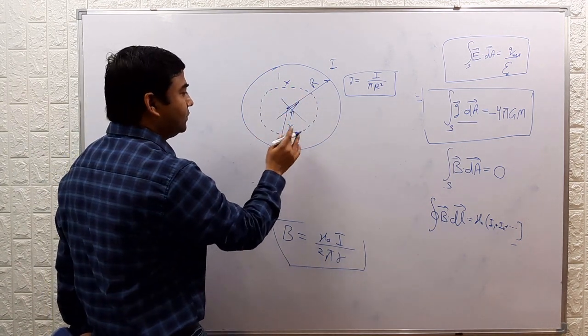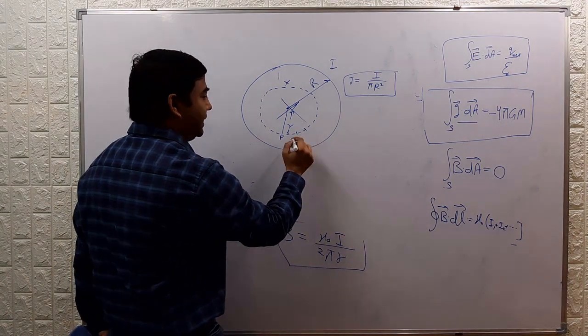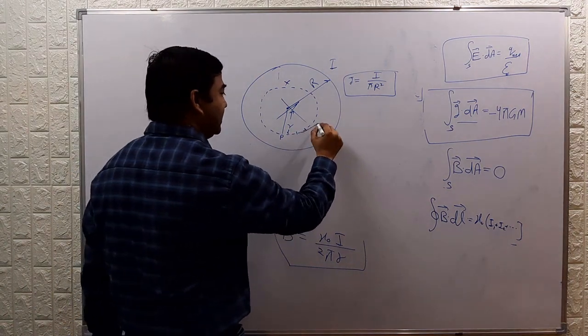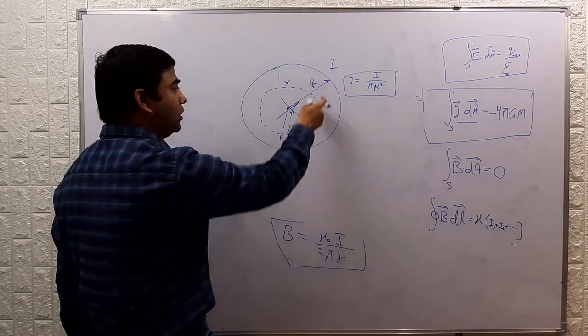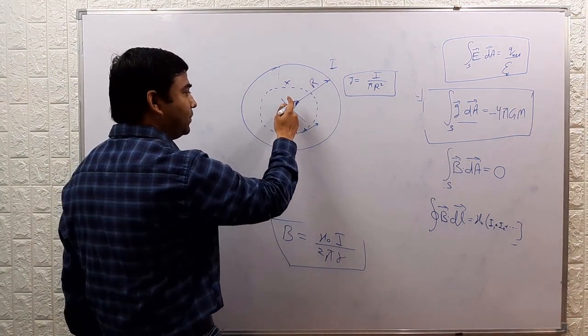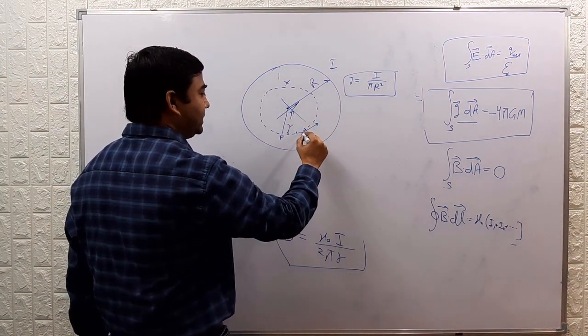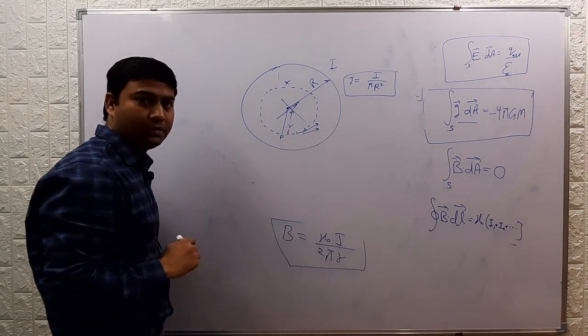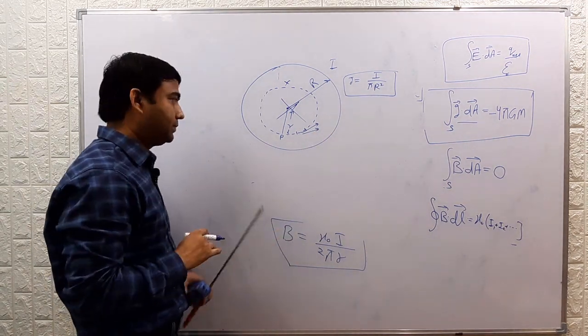The direction of the dl vector will be tangential, as we have discussed earlier, and the direction of the magnetic field will also be tangential and in the same direction, by the right hand rule.